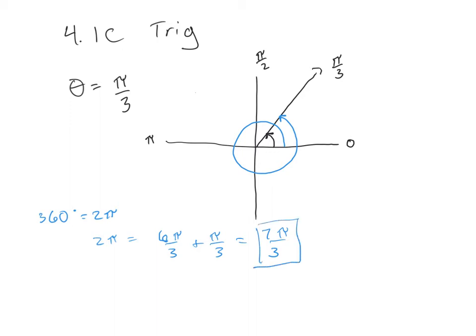Next, let me get a different color here. Let's work with red. I'm going to focus on the negative direction, so I'm going to go clockwise. I'm going to start here at my 0 and go all the way around until I hit the angle. That is my negative coterminal in terms of radians.